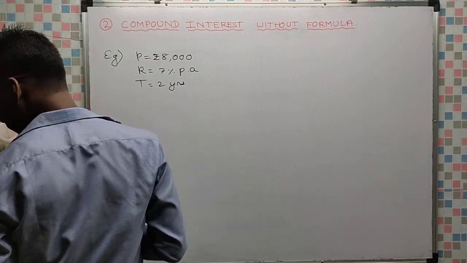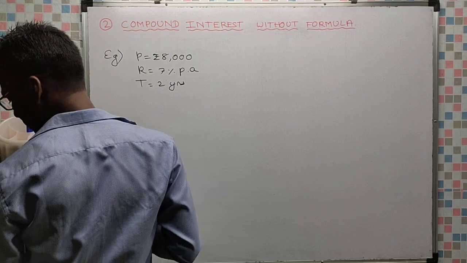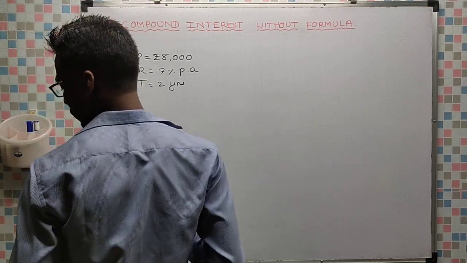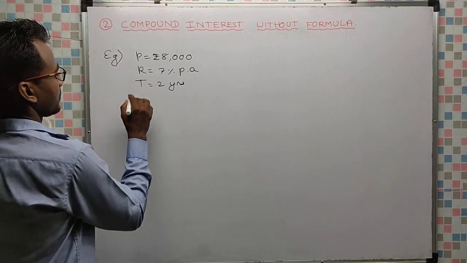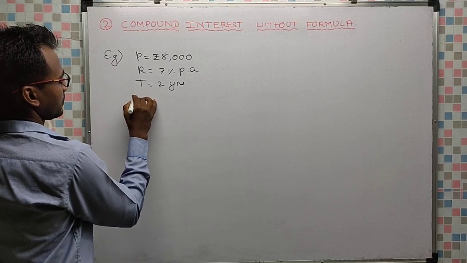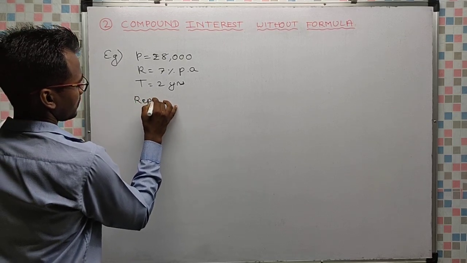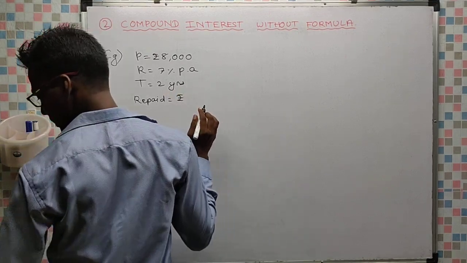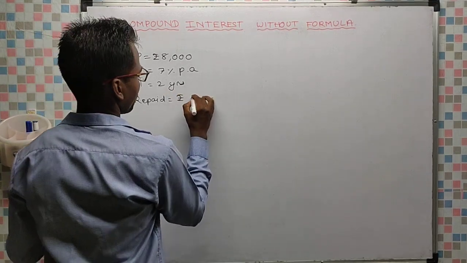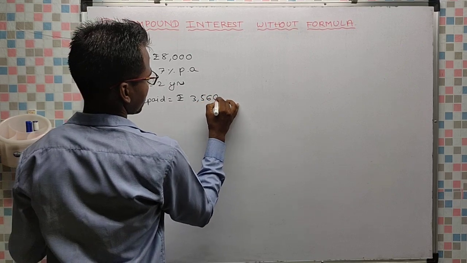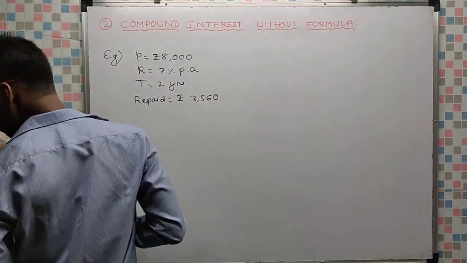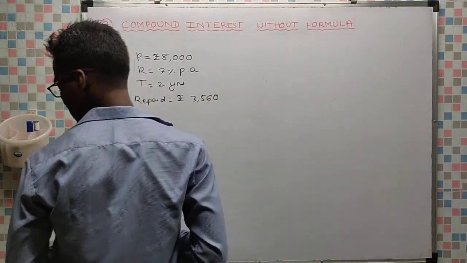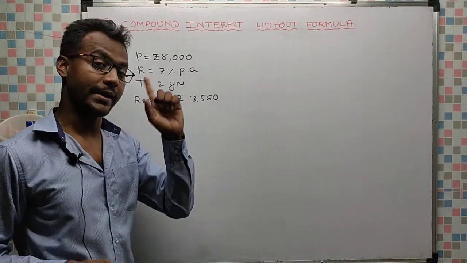At the end of the first year, 3560 rupees are returned. After the first year, rupees 3560 is returned. Calculate the interest paid for the second year. We have to find I2.